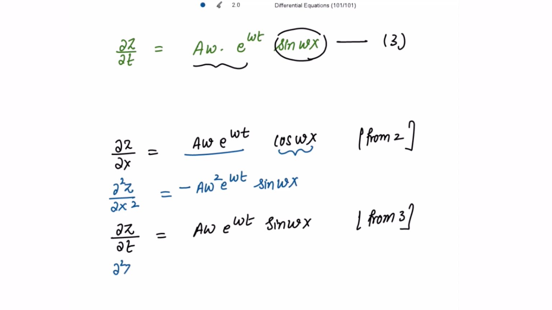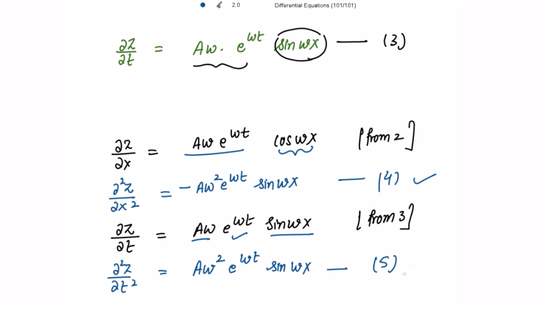Similarly, if I differentiate this again with respect to t, because I need to differentiate with respect to t, these two are constants. So aw sine of wx, and differentiating with respect to t, we get e to the power wt into w. So multiplying this w with this gives w square. And let me write e to the power wt first, and then sine of wx. So marking this as 4 and 5.